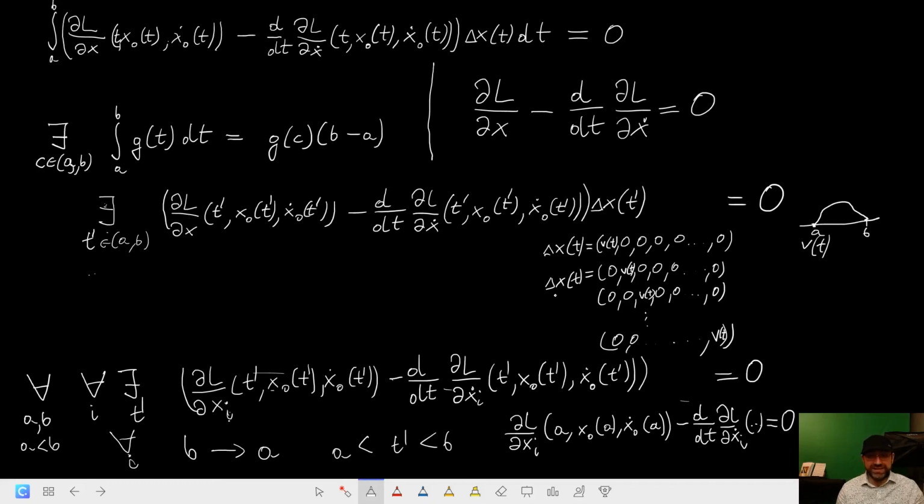And with this small caveat, which is that we needed to request continuity of the derivative over x over velocity, and then over t, we needed to request continuity of this.